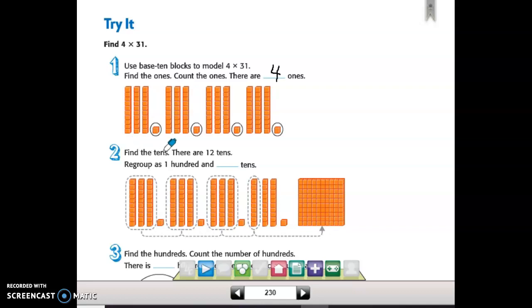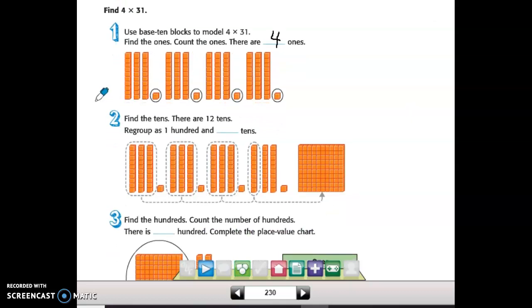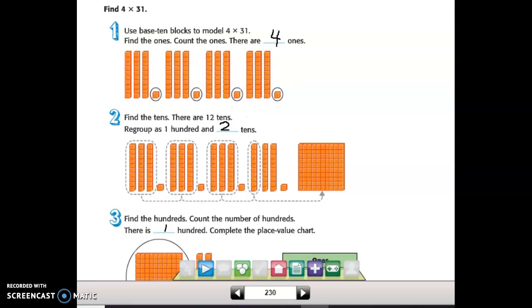But if we look at the tens, there are 12 tens. 3, 6, 9, 12. So in order to solve this problem, we're going to regroup 100 and how many are left over? 2 tens. We have 100, 2 tens, and 4 ones.